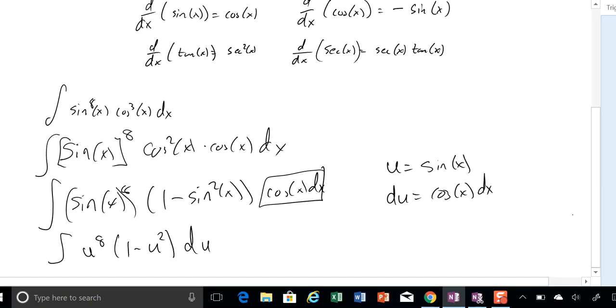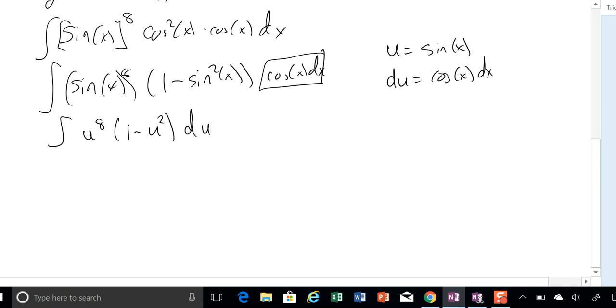To solve that integral, we're going to distribute the u to the 8th through. I want to find the antiderivative of u to the 8th minus u to the 10th du. That's a nice simple polynomial. We just add 1 to the exponent and divide by the new exponent. So u to the 9th over 9 minus u to the 11th over 11 plus c.